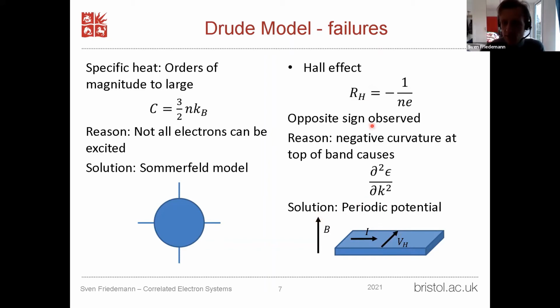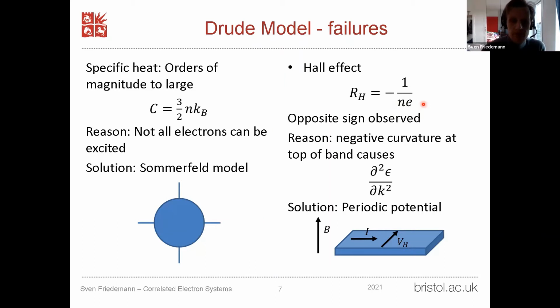This Hall voltage is equal to the Hall coefficient once you've multiplied it with the thickness and divided out the current and the magnetic field. And this Hall coefficient in Drude theory you expect to be equal to 1 over the charge carrier concentration times the charge. Electrons are negatively charged, hence the minus sign, and you expect it to reflect the charge carrier concentration.